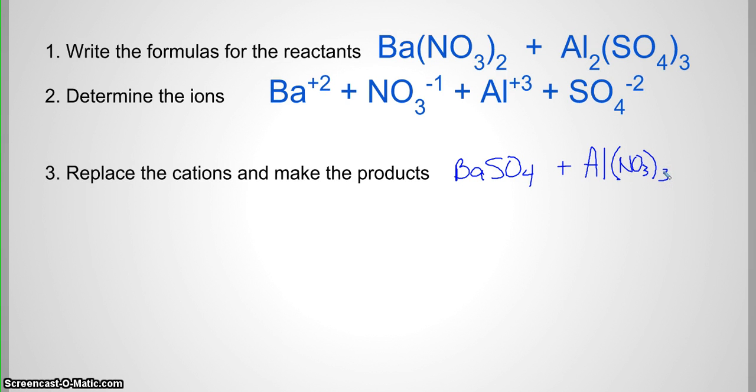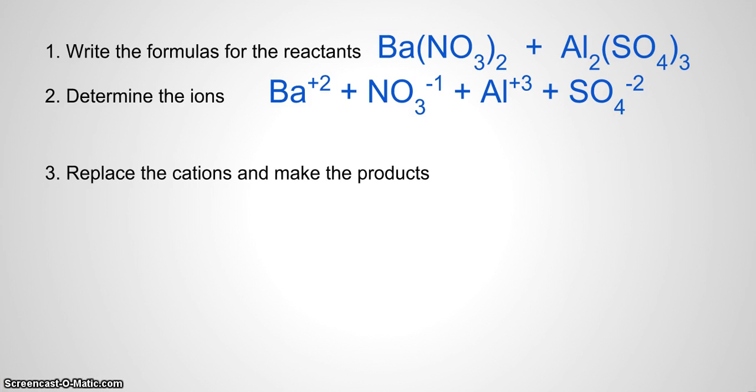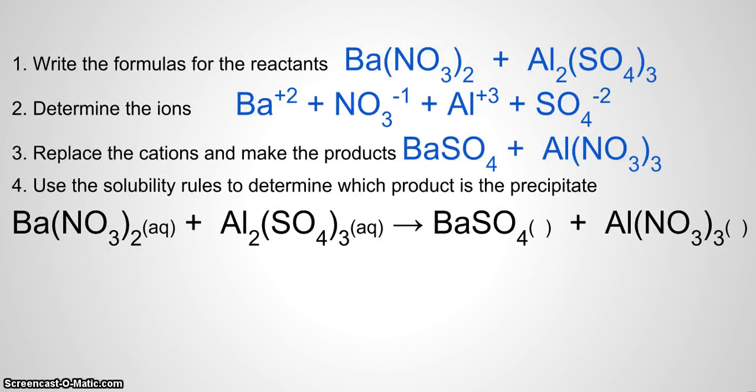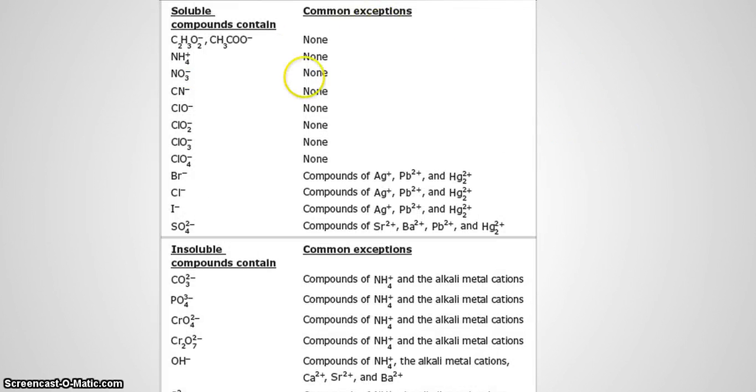And now that we know what our products are, we can figure out which one will be the precipitate. To do this, you're going to need your solubility rules, and that should be the very last page of your notes. They're called solubility of common ionic compounds in water. The way the solubility rules work is this top part tells you things that are soluble and what their exceptions are.